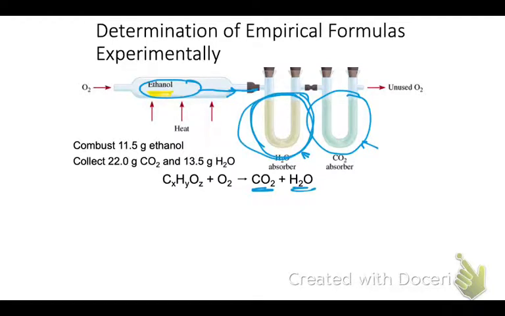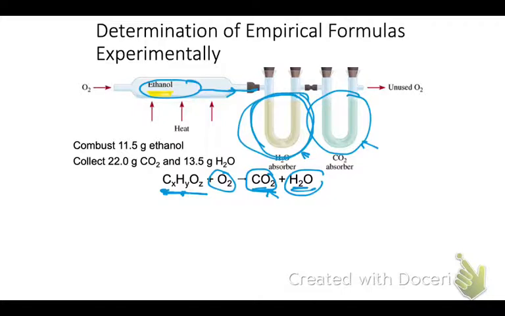So if you look at this equation, you know that all the carbon was converted to carbon dioxide and all the hydrogen was converted to water. But I can't say the same about oxygen. I can't say that all the oxygen here came from ethanol, because I also reacted with an external oxygen, so it's hard to tell.